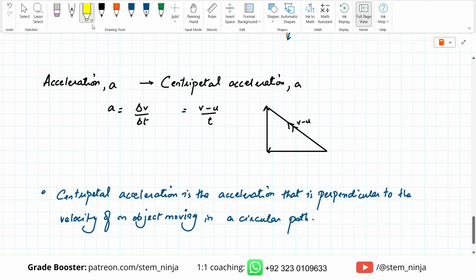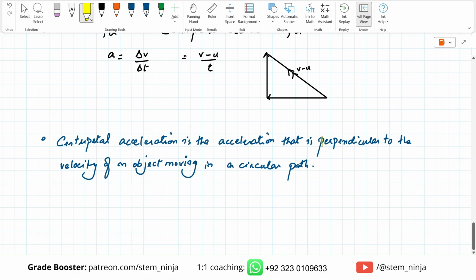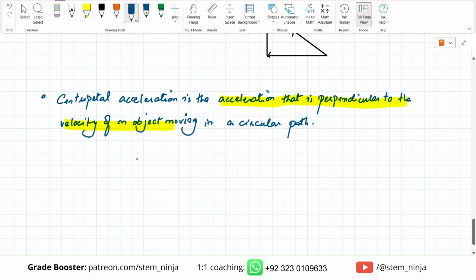Now, this definition is very important because this is the definition of circular motion also, that the acceleration is perpendicular to the velocity of the object. When acceleration is perpendicular to the velocity, automatically the motion will be circular motion. Either way, that's the same thing.